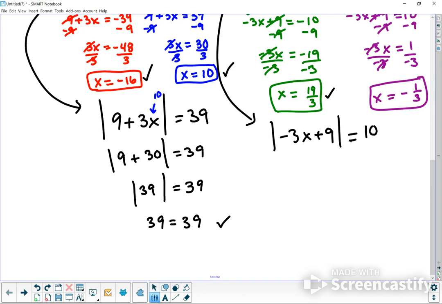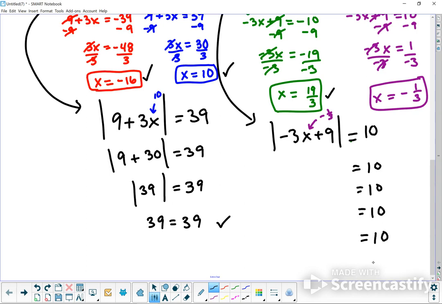Next, I'm going to plug in negative 1/3 right in here. Again, this whole time I'm trying to make it equal 10, right? And if it is equal to 10, then that means I got this. So I put in negative 1/3.